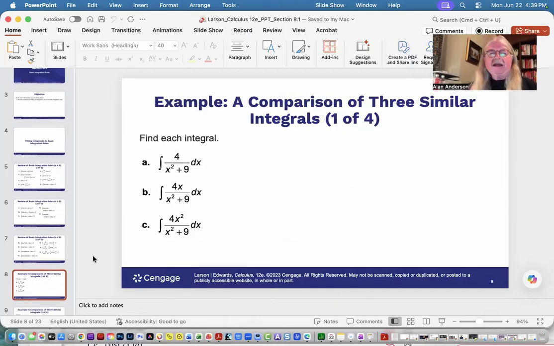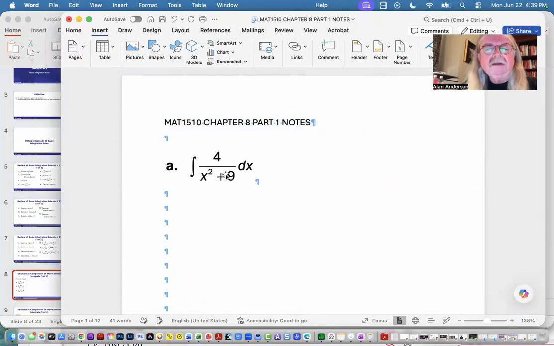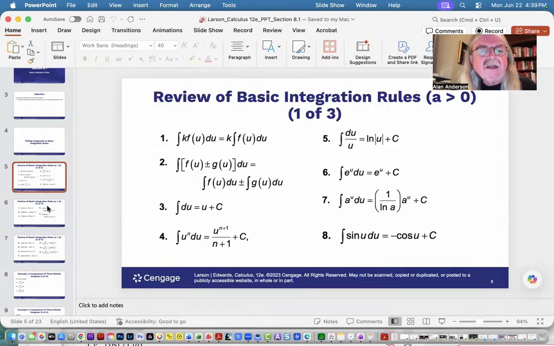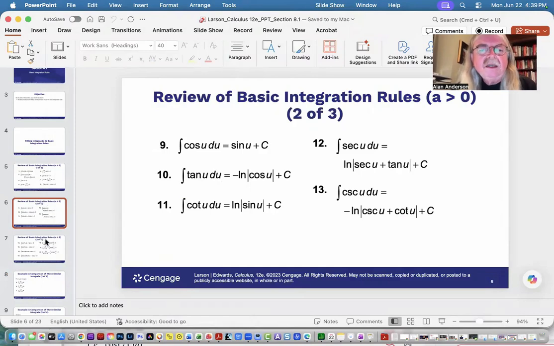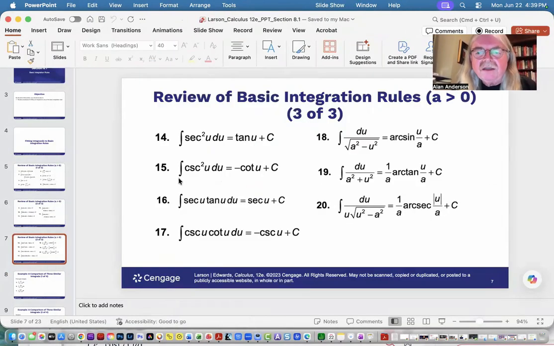So here, right off the bat, we have some cases. We have 3 integrals they'd like us to solve. So let's begin with the beginning. Now, the first thing you want to look at is, are there any basic rules that might apply here? So let's come back to the basic rules and see if any of them look familiar. What do we have here? We've got in the denominator x squared plus 9.